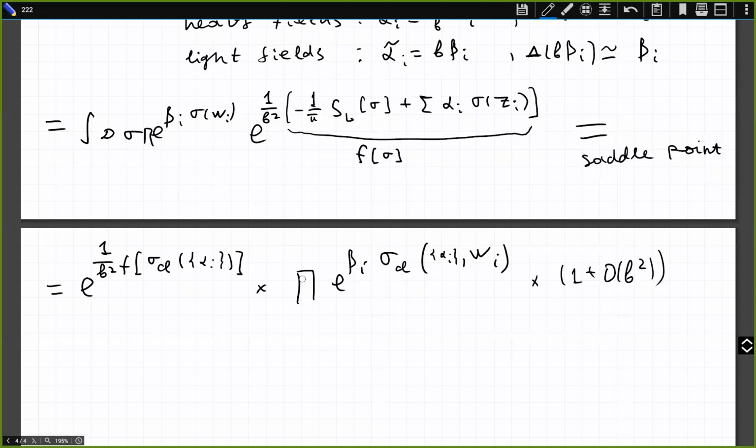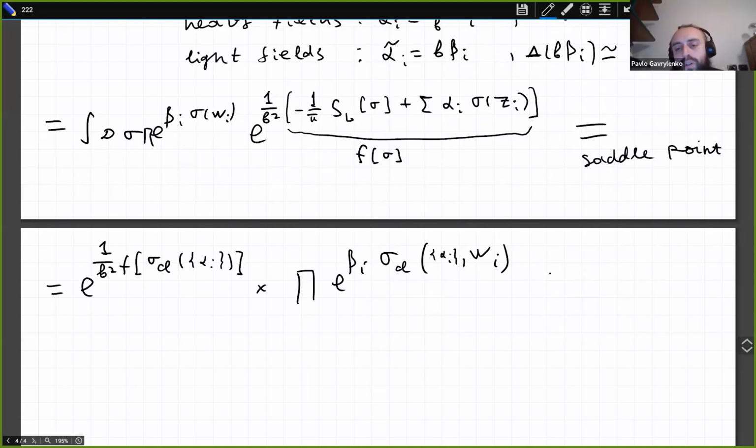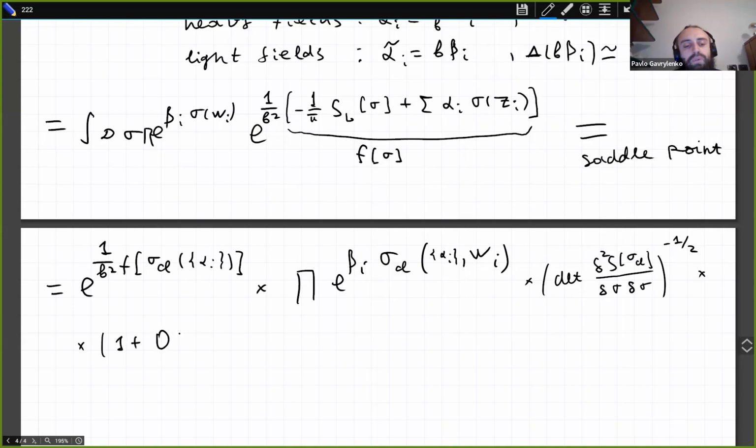Let us maybe write this term also. This is O of sigma classical times something like 1 plus O(b squared).